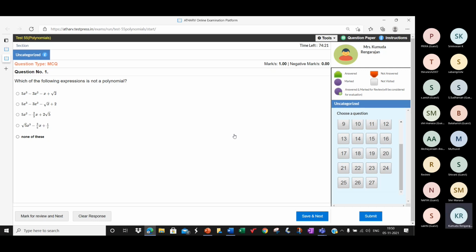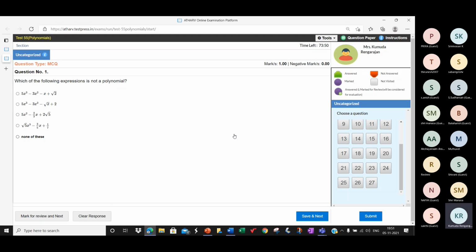Who can tell me in simple words what should be the power of x? The power of x should be a whole number. Very good. Who's that? Srinivasan? Yes, ma'am. It should be a whole number. That's the simple term we use.